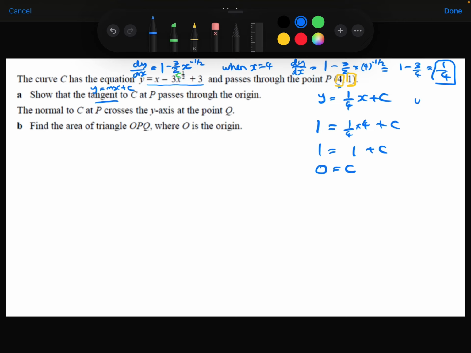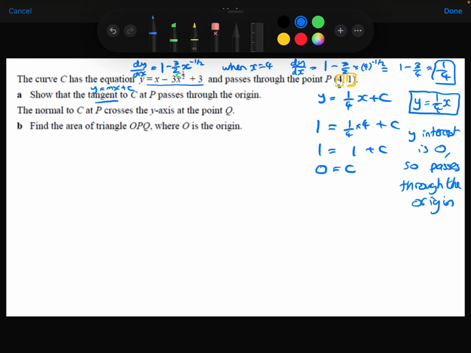So the equation of my tangent is y equals 1/4 x plus 0. And I can now say that the y-intercept is 0, so it passes through the origin. And that's part A done.